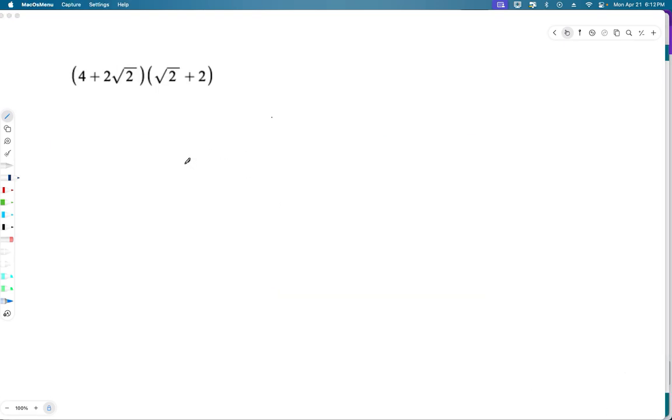Okay, so the next problem is going to be distribution and simplification. So we're going to say 4 times the square root of 2. Actually, let's just write it out. 4 times square root of 2 plus 2. And then we're going to have 2 times the square root of 2 times square root of 2 plus 2. All right, so this is going to equal 4 times the square root of 2 plus 4 times 2 is 8.